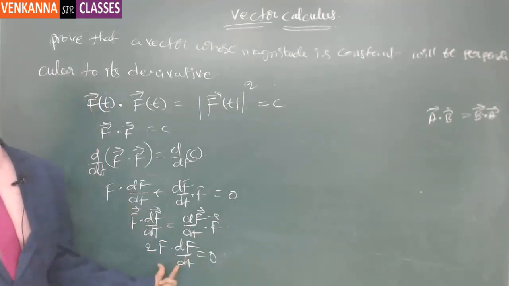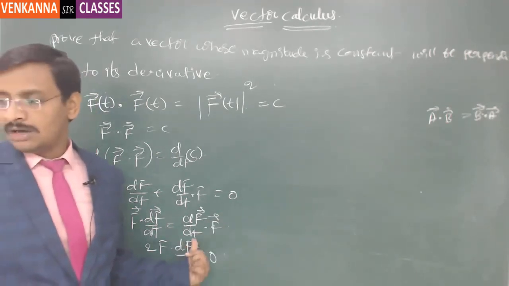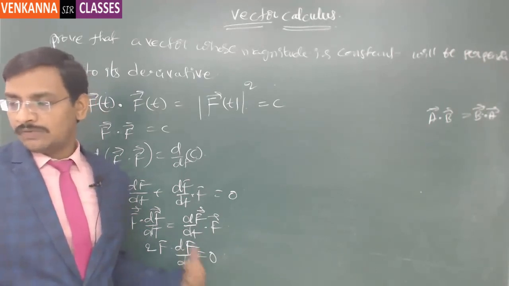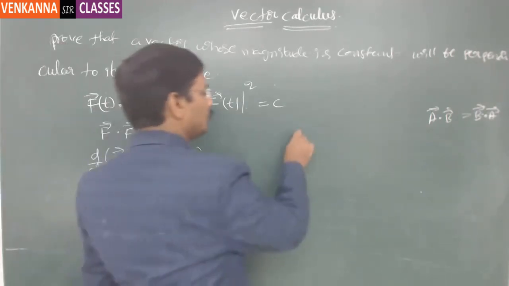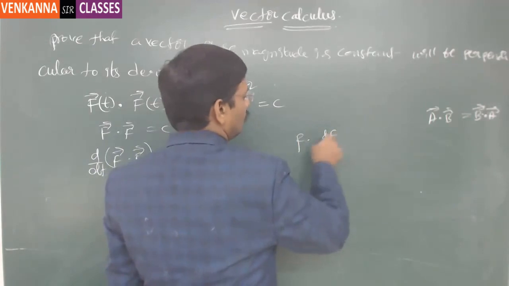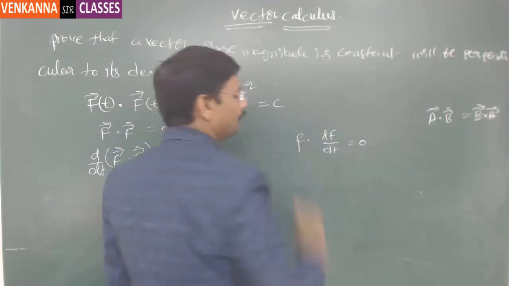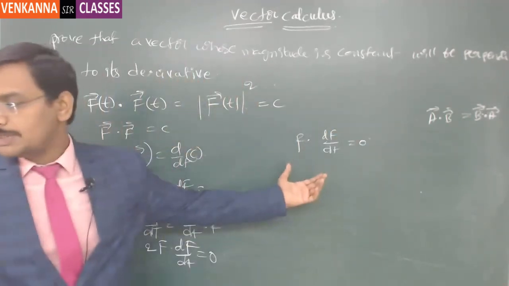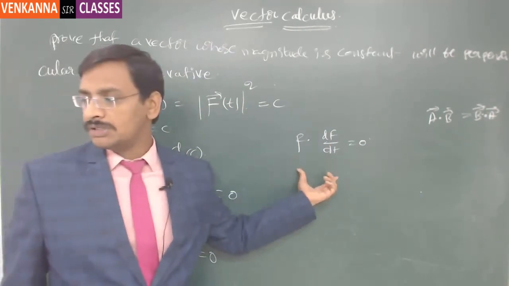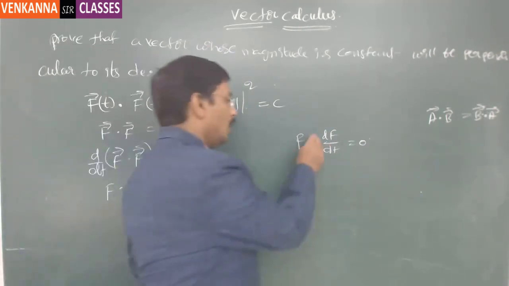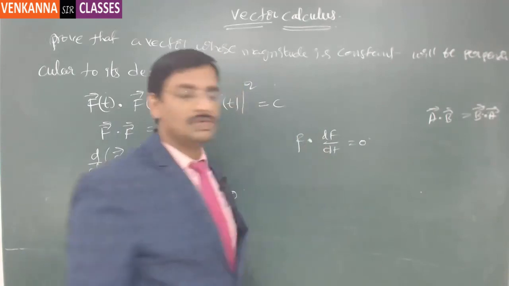Now both are vectors. This is the original vector and this is the derivative vector, two different vectors. Two different vectors whose dot product is equal to 0. The conclusion is that both are perpendicular to each other. Then only will the dot product result in a 0 magnitude.